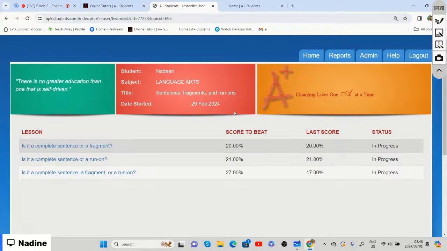In a run-on sentence, it is made up of two independent clauses that have either no endpoint or are just joined by a comma, right? And we can fix a run-on sentence by separating the two independent clauses and adding our endpoint.